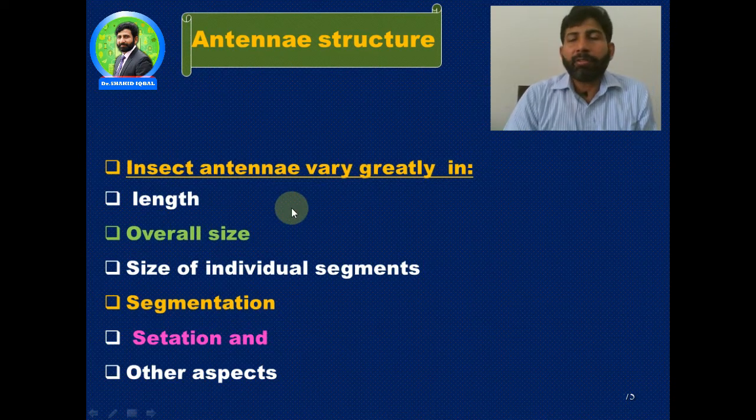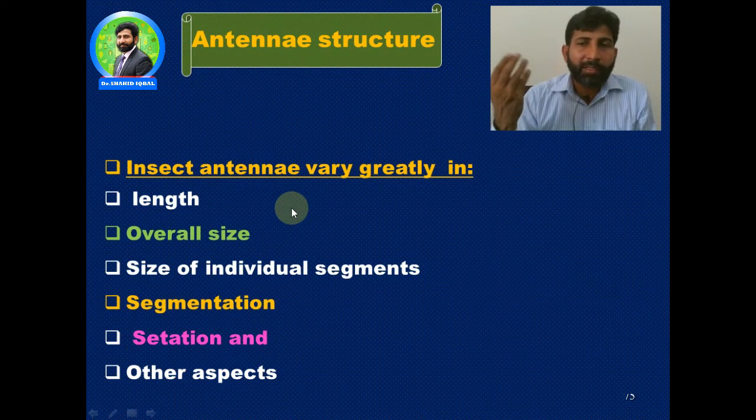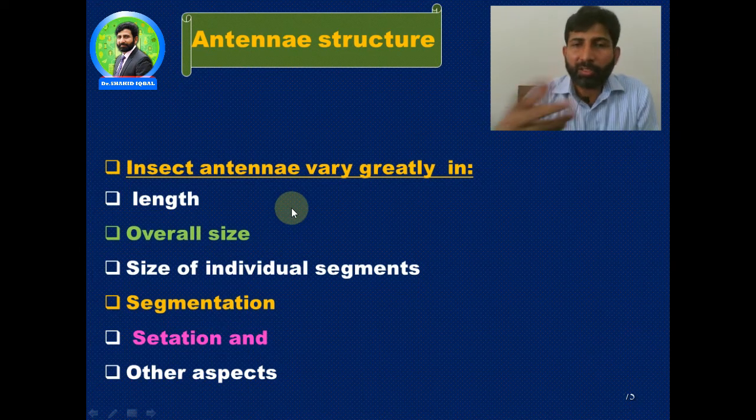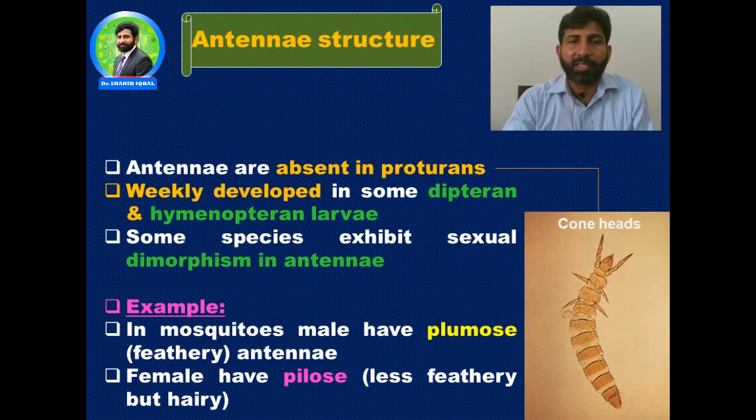Insect antennae vary greatly when we consider the length, the overall size of individual segments, and the segmentation and setation. Setation means that there are particular bristles on the antennae. And there are certain other variations in the antennae.